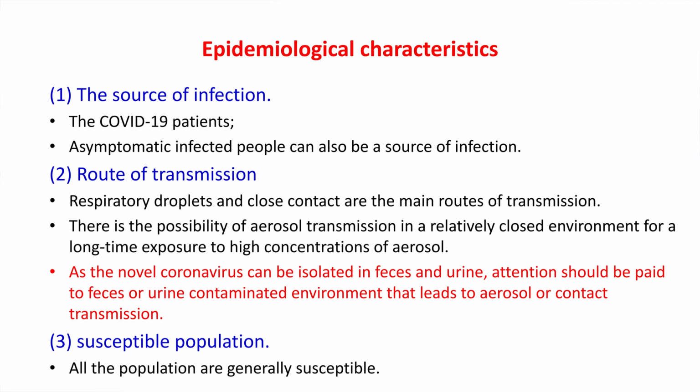Also, because we can isolate the virus from feces and the urine, we should be aware that feces or urine contaminating the environment can lead to aerosol or contact transmission. All the populations are susceptible to coronavirus, including newborns and 100-year-old persons.